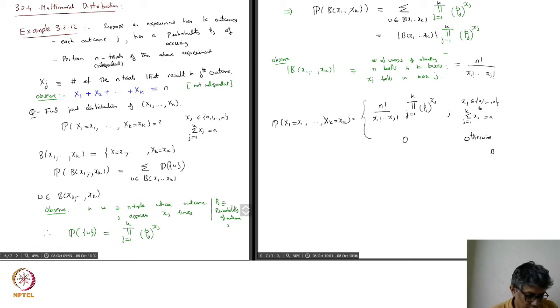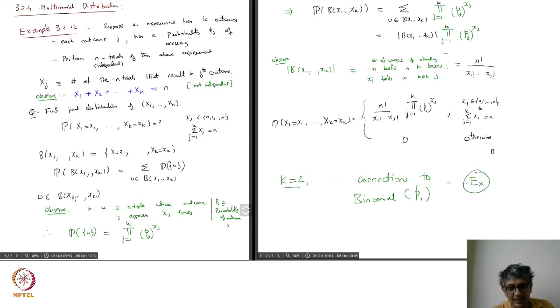So now I want to move on, but just one small observation before I do: check k equal to 2, not n equal to 2. I said n equal to 2 by mistake. So let's say k equal to 2, then just see the connections to binomials. Something you should just check and see if you can observe. I'm observing both x1 and x2 here. So in the binomial case, x1 plus x2 is n, and I'm only counting the number of successes, which means I'm just looking at x1, not x2.